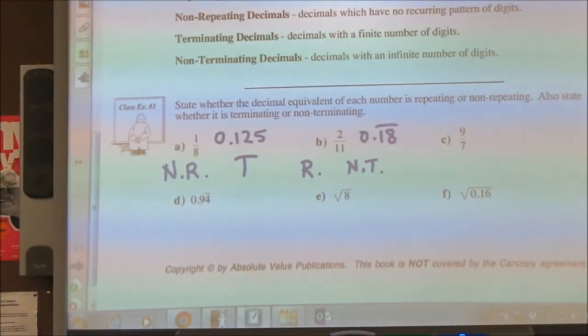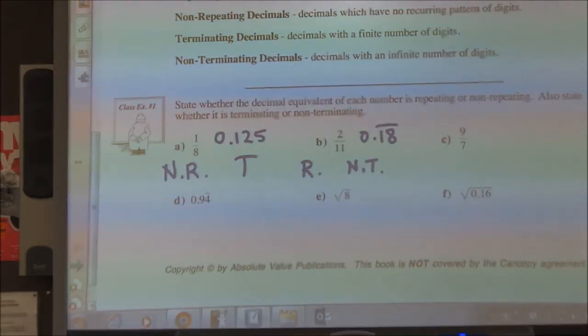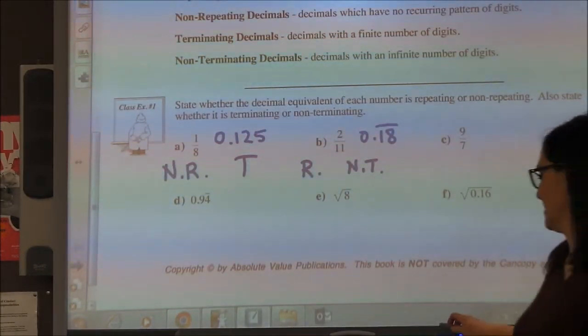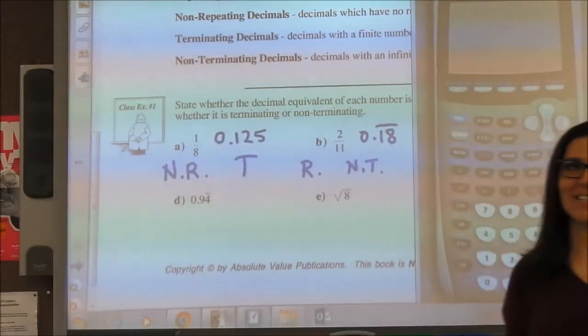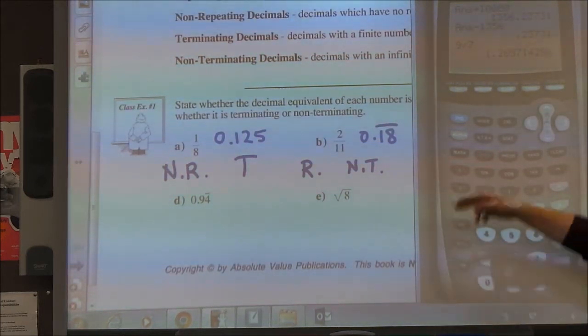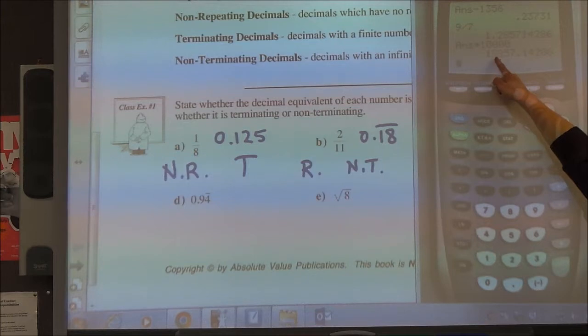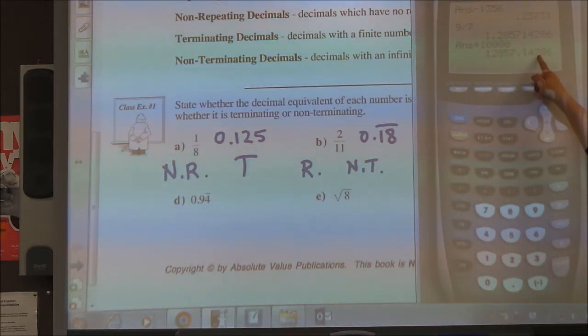Okay, what about 9/7? This one's tricky. It looks non-repeating because of this 6 on the end. Actually, it is repeating, I'll show you. If I did the same thing that I did the last time where I multiplied it, I get 28571,428.